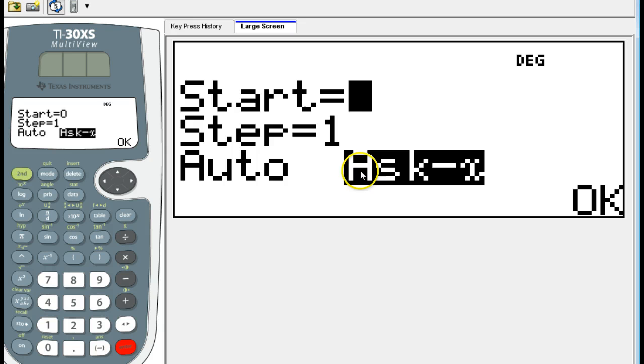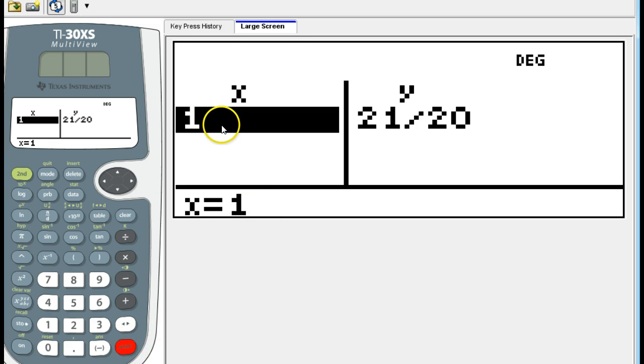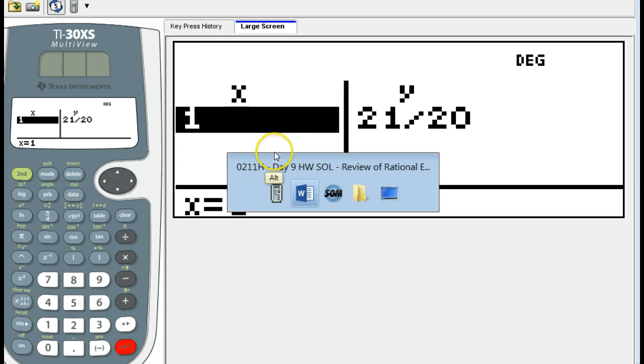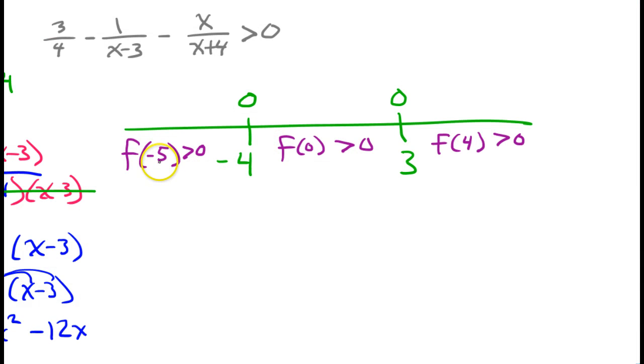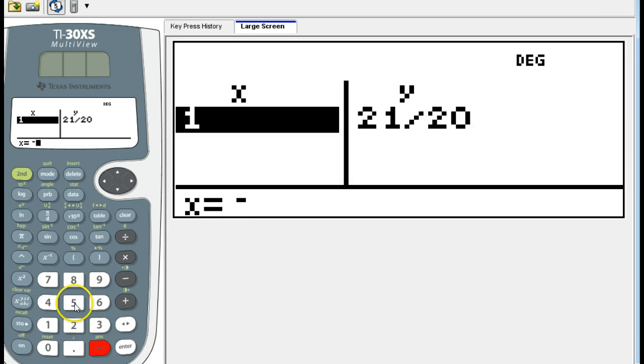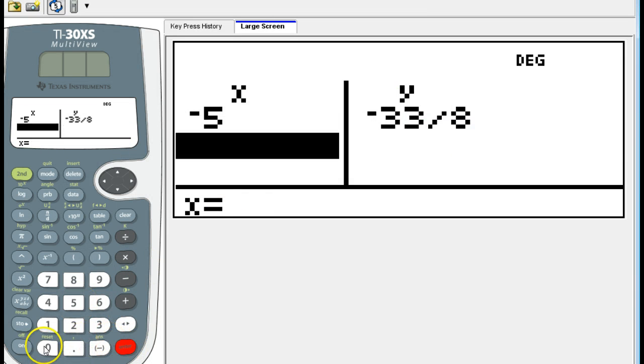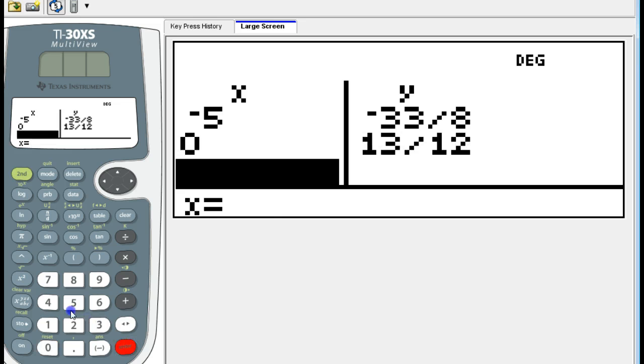Enter. I like to be in ask mode for this. Okay, so I need to test out values. This is here from an old problem, but I want to test out -5, 0, and 4. So let's see, I'll just type in -5, 0, and 4.